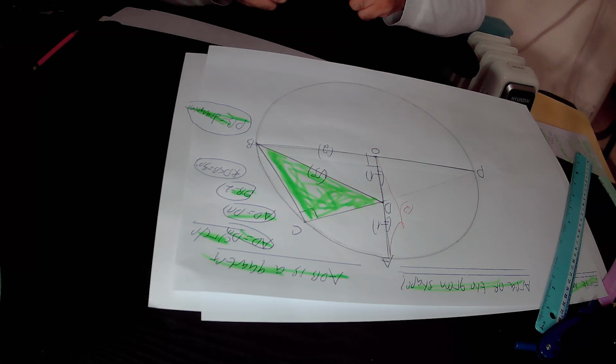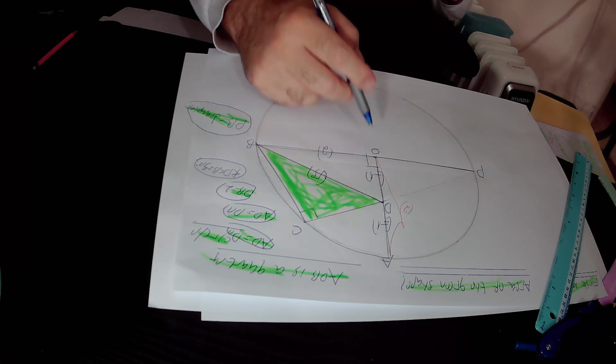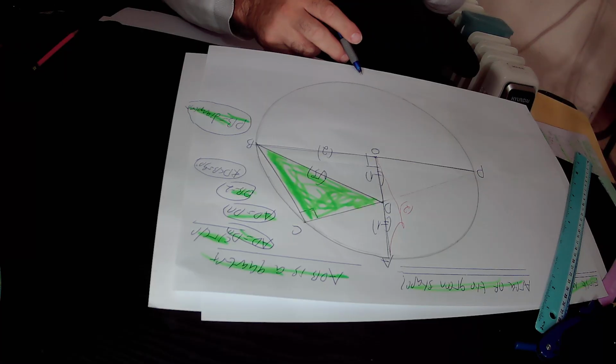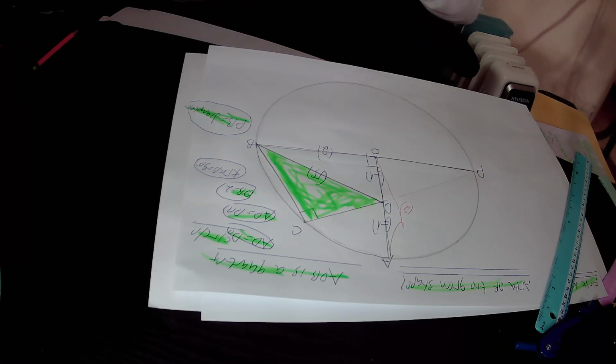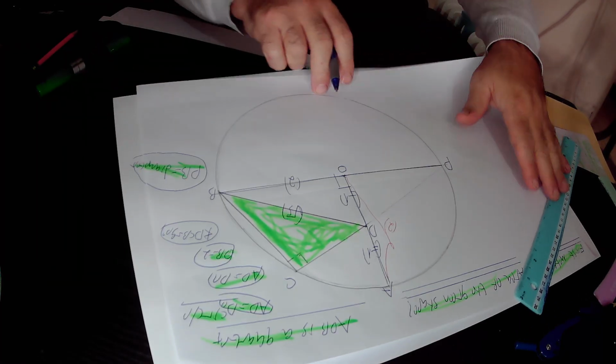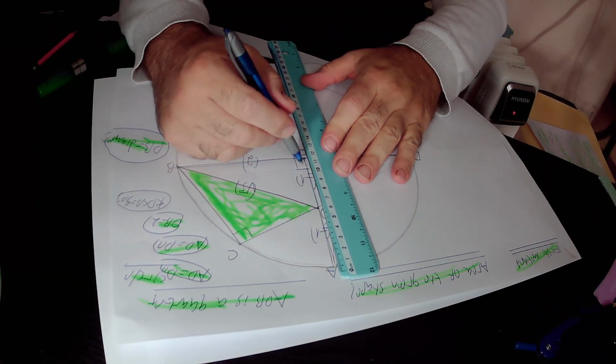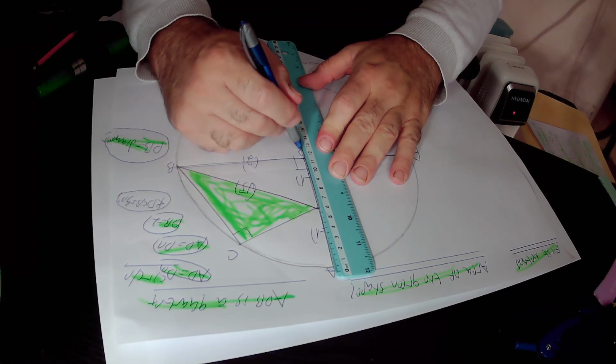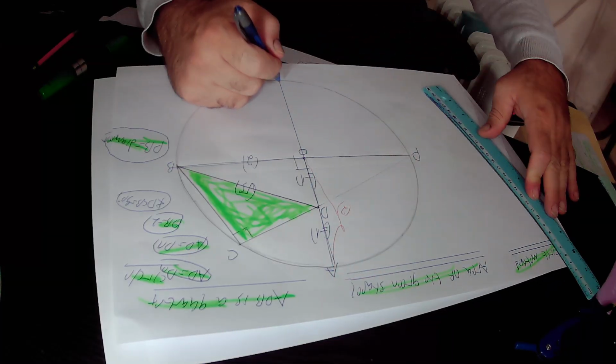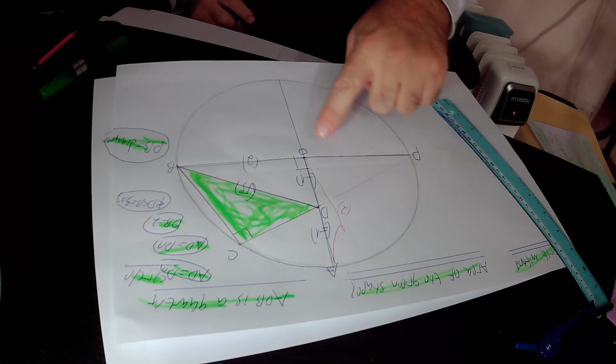In the next step, we will extend the radius AO by a straight line until it touches the circle. And we define the touching point of the extended radius AO with this circle.